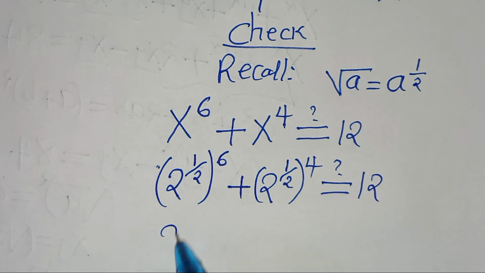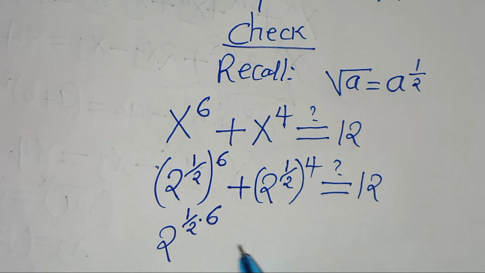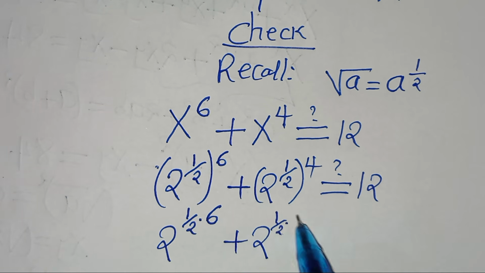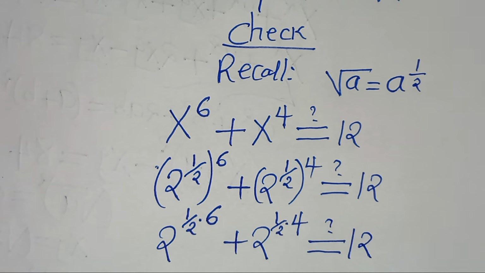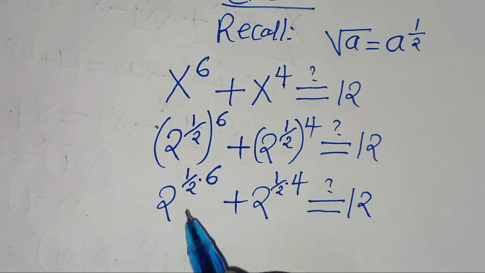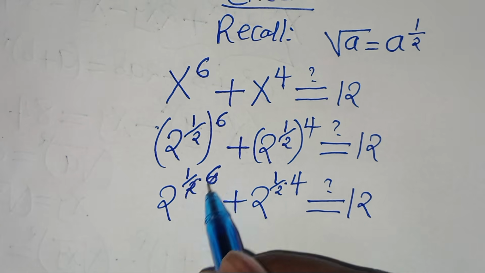So we have 2 raised to the power of a half multiplied by 6, plus 2 raised to the power of a half multiplied by 4. This should give us a value of 12. Let's simplify here. 6 divided by 2 is 3.